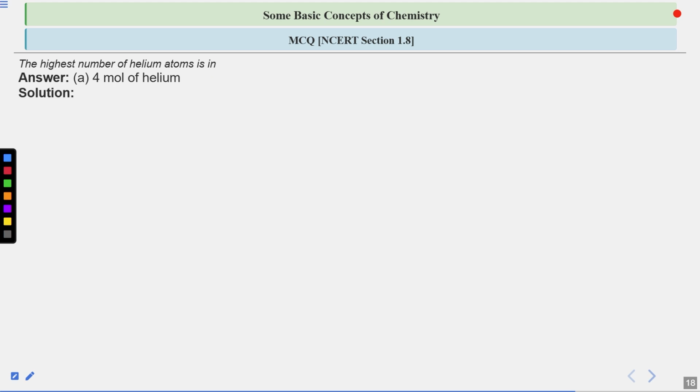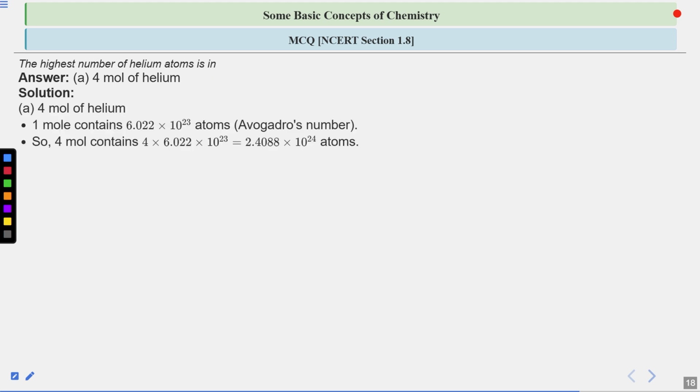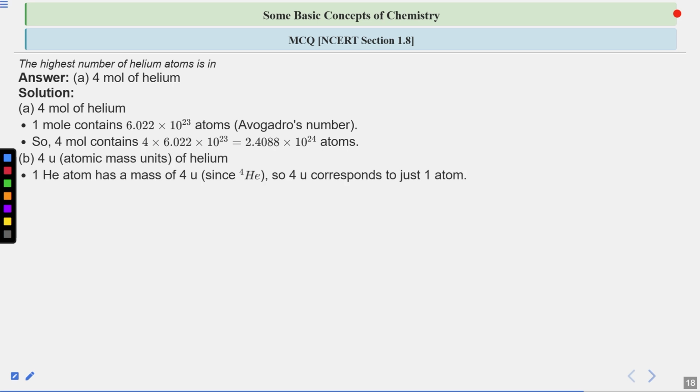How will we solve it? For the first option, the number of moles is 4 mole. Therefore, the number of atoms will be 4 multiplied by NA, your Avogadro constant. What about the second one? If we take 4 u, that means we have 1 helium atom, because 1 helium atom has a mass of 4 u. So the number of atoms is 1.